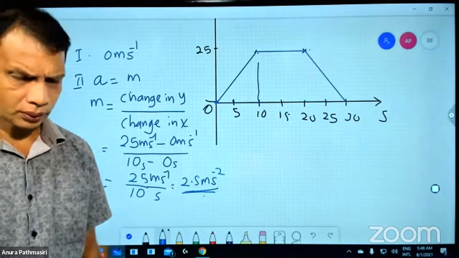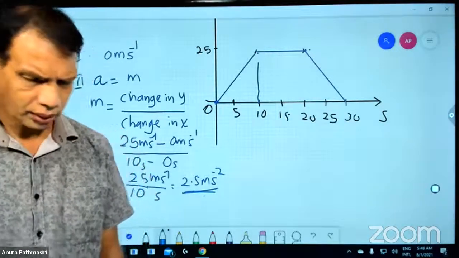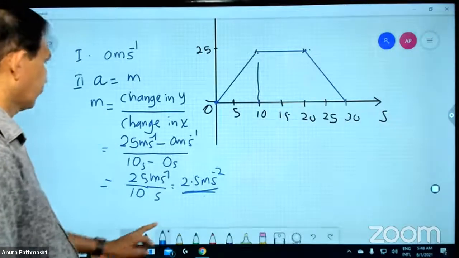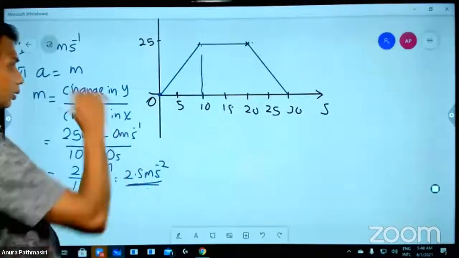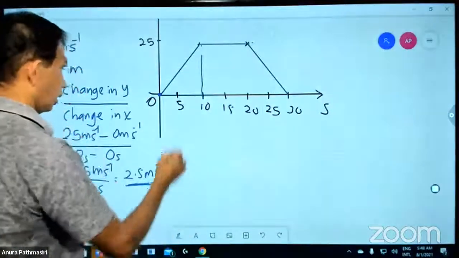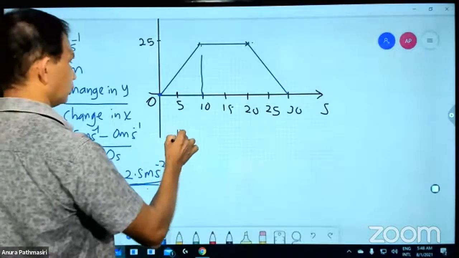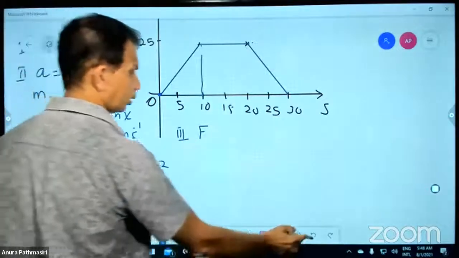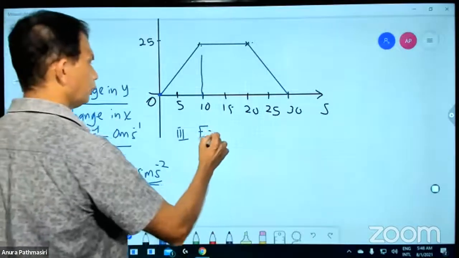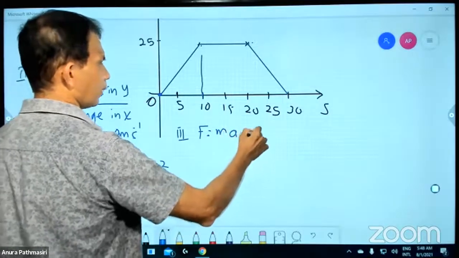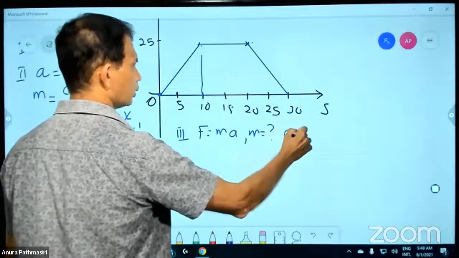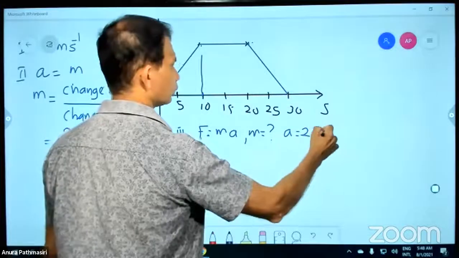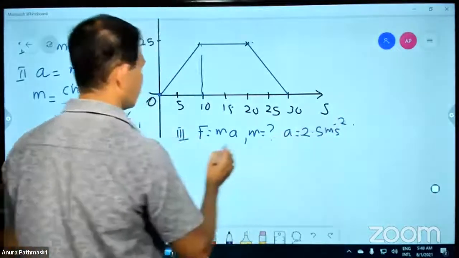Then, if a 20 Newton force is applied to achieve the above acceleration, find the mass of the object. We know that F equals ma, m we don't know, acceleration we know, 2.5 meters per second squared.